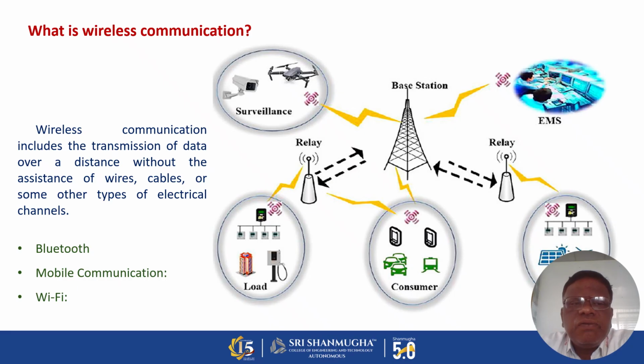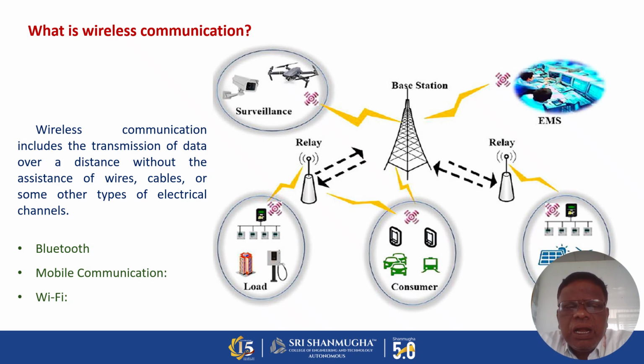What is general wireless communication? Wireless communication includes the transmission of data over a distance without the assistance of wires, cables, or some other types of electrical channels. Only then does the signal transmit from the sending end to the receiving end and vice versa. The best examples of wireless communication technologies are Bluetooth, mobile communications, and Wi-Fi connectivity.